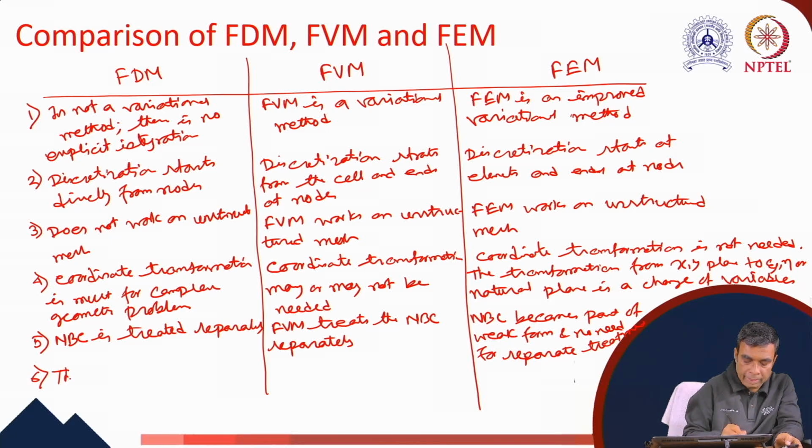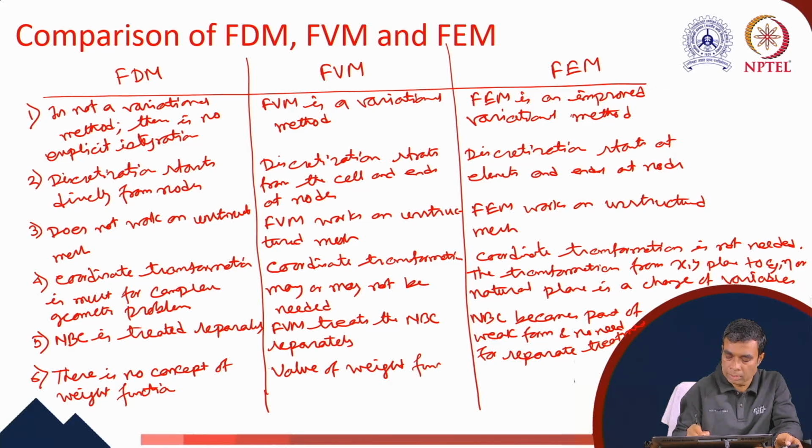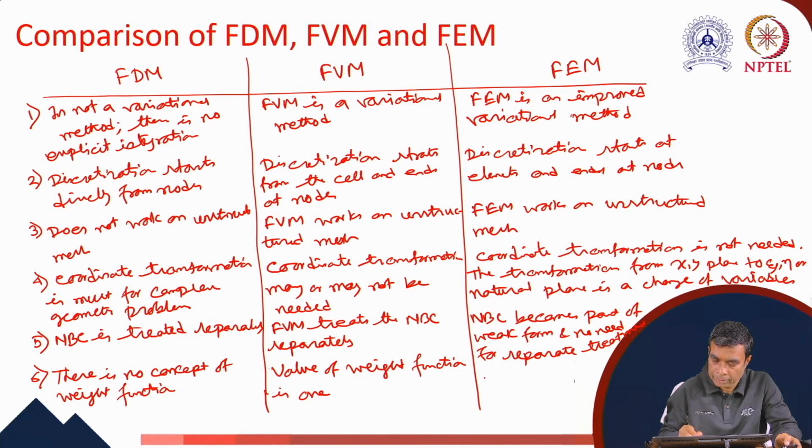In FDM, there is no concept of weight function. In finite volume, value of weight function is 1. Weight function varies between 0 and 1 in FEM.